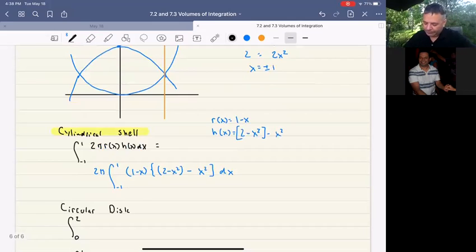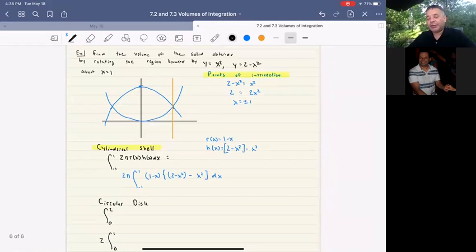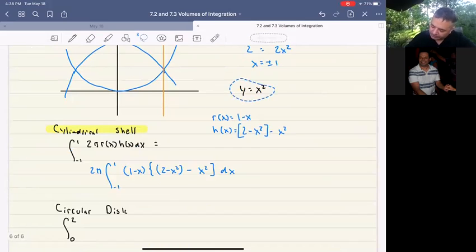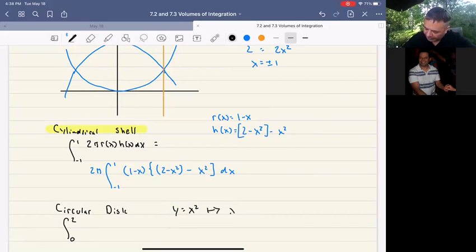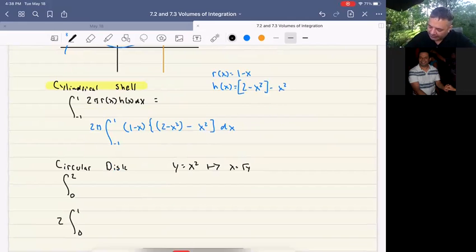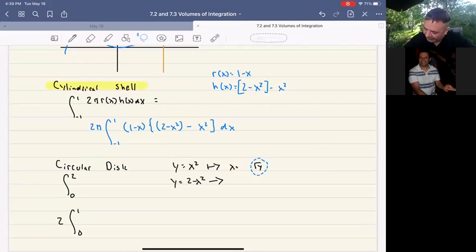Okay. So if we're going to do this circular disk, that means we're going to have to integrate in y, right? So y equals x squared. That's the same as x equals the square root of y. Not too bad. Y equals 2 minus x squared. I guess I should have said plus or minus there.